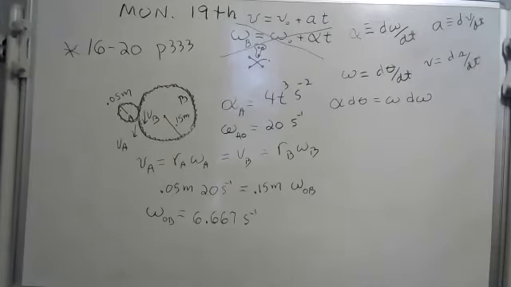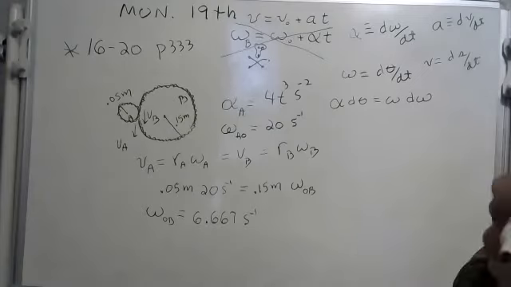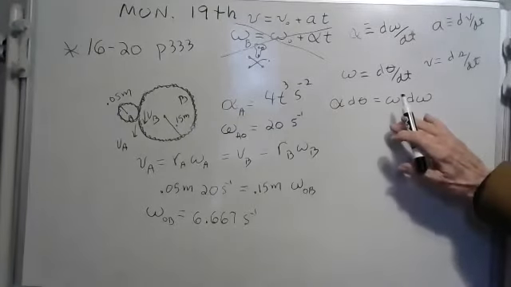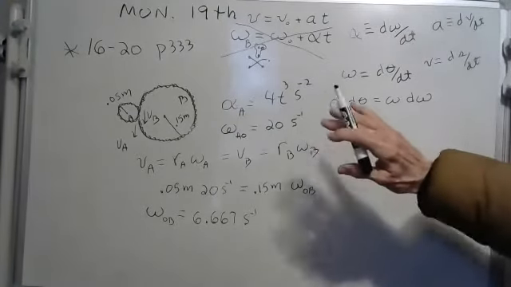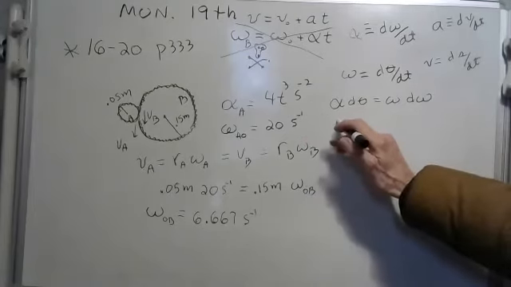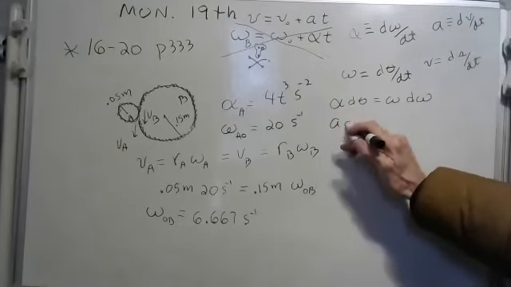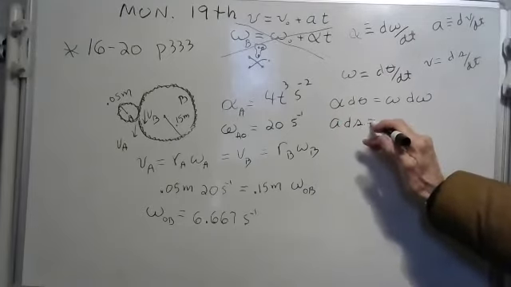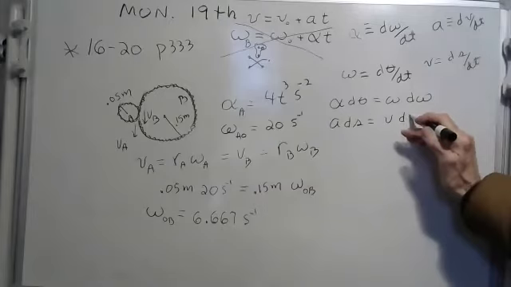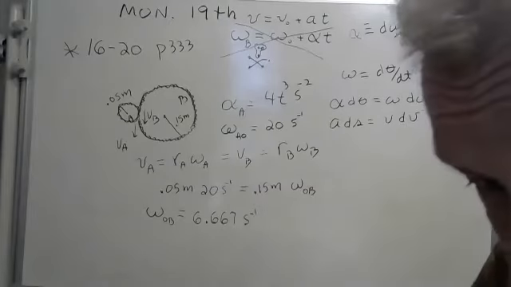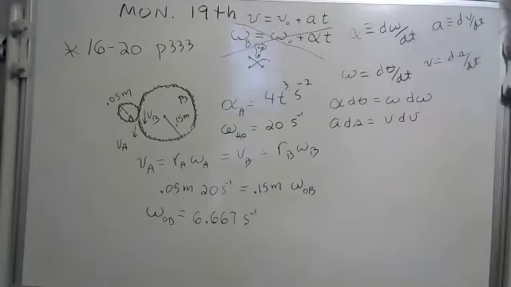Now this one here, that's just the rotational version of, at any point, if I lose you now, you speak up and ask me. You can ask me questions. And this one is the rotational version of, yeah, there we go.